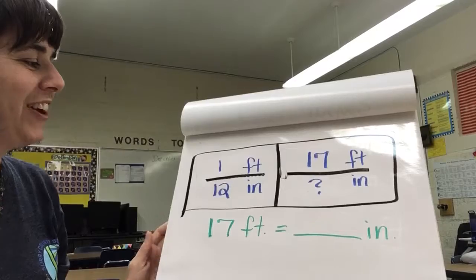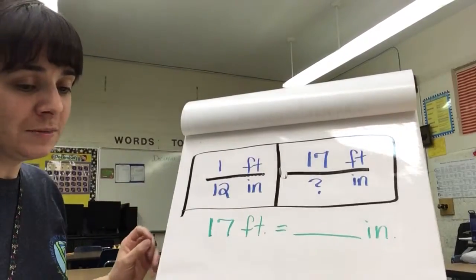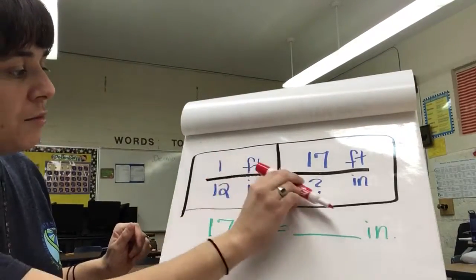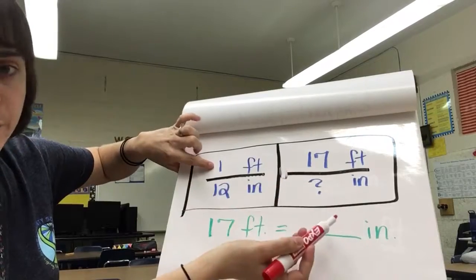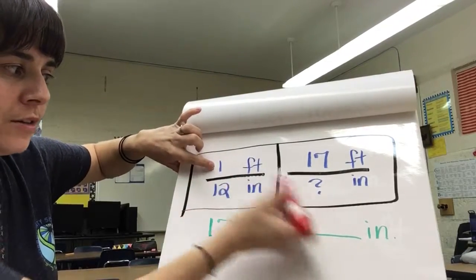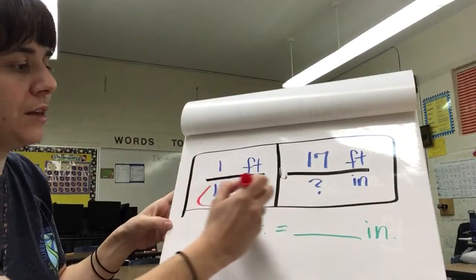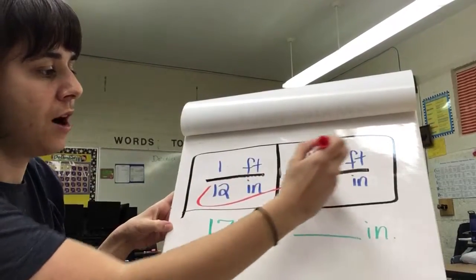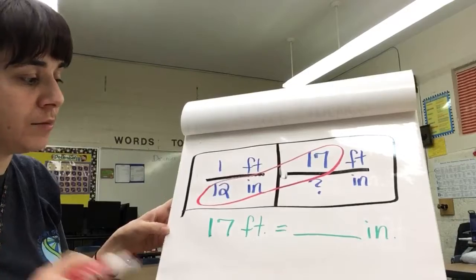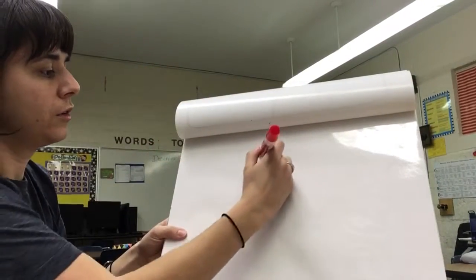All right, so I'm going to cross multiply. I cannot multiply 1 with a question mark. Top and bottom are the diagonals. I can multiply these 2 diagonal numbers, a bottom with a top: 17 times 12.